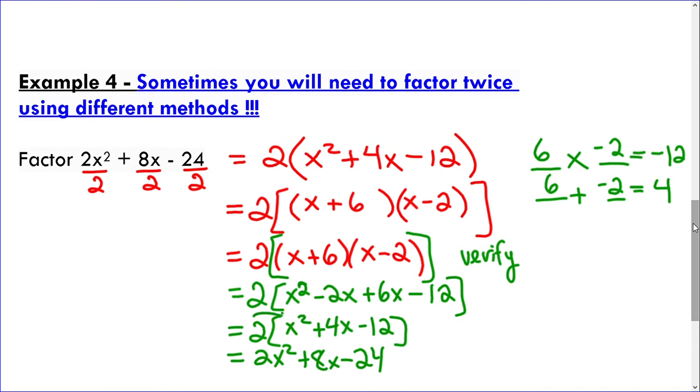Remember, because the 2 is outside the bracket, it multiplies all the terms. And so then I've got 2x squared plus 8x minus 24. Does that match up with what I started with? And yes, it does. So I know that we have our factors, 2 times x plus 6 and x minus 2. Hopefully that makes a little bit of sense when you go through easy trinomial problems.